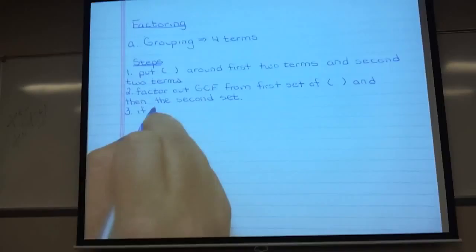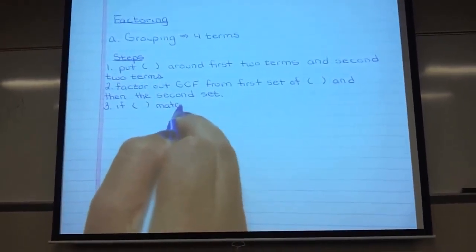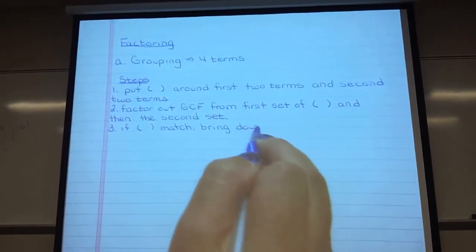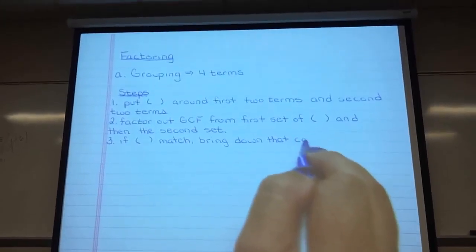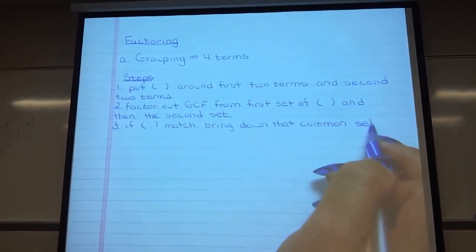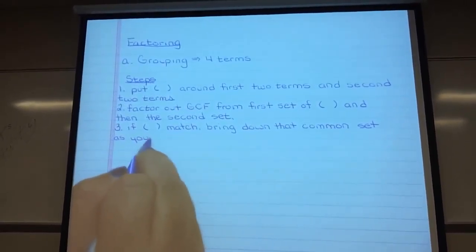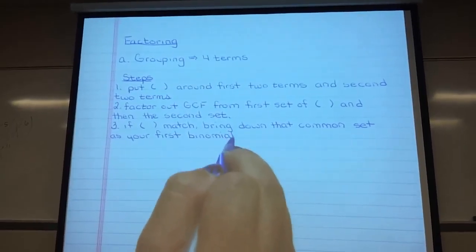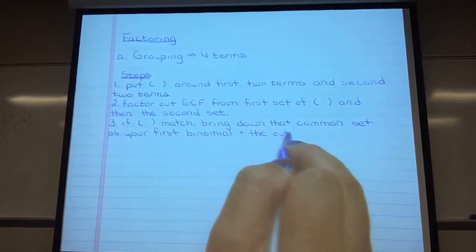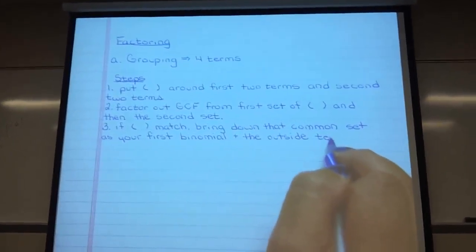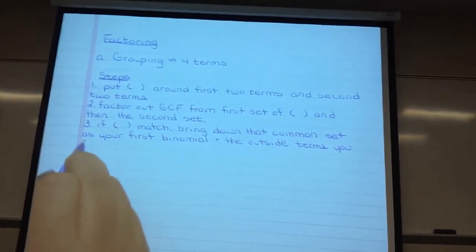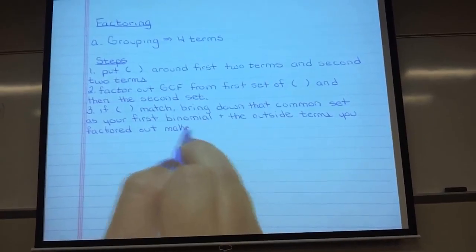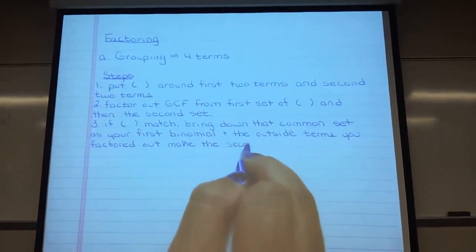If parentheses match, which they will if you're doing it right, bring down that common set as your first binomial, and the outside terms you factored out, make the second final.